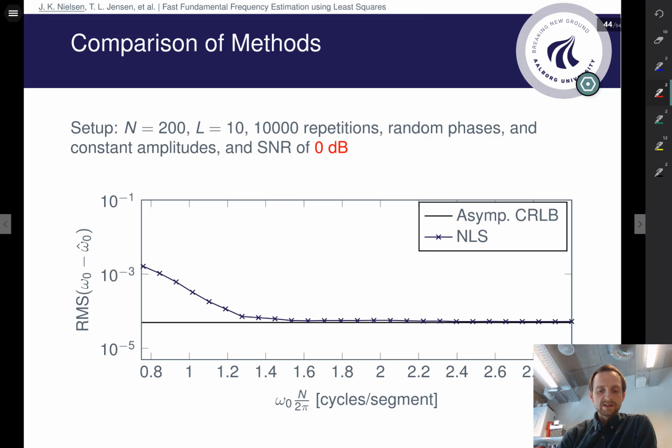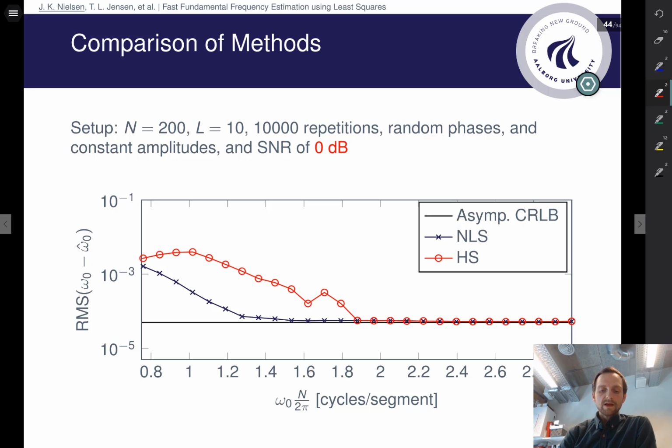For this case, you can see NLS basically behaves in the same way as before. The same thing can be said about harmonic summation. Well, there's one thing that has changed, and that is that it now starts breaking down earlier. Now it's 1.9 cycles per segment or so that it becomes as good as NLS.